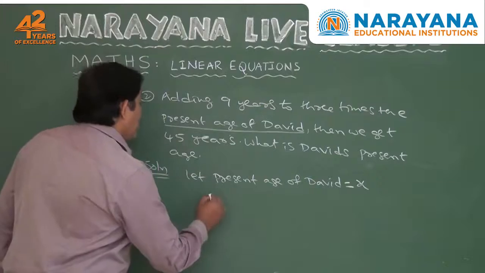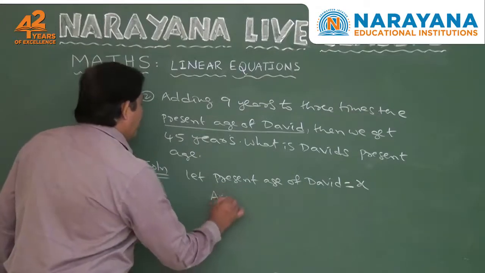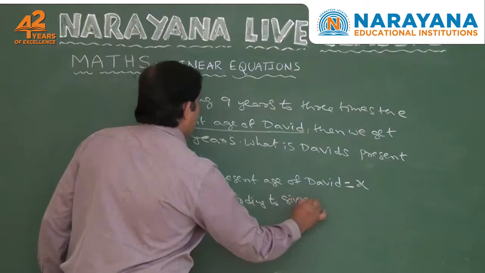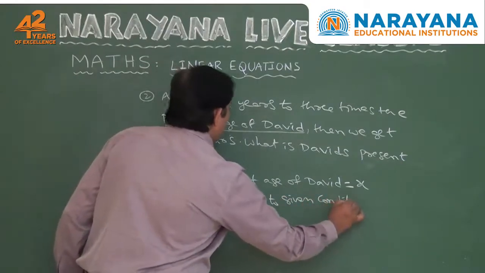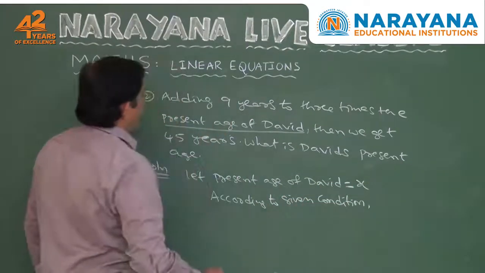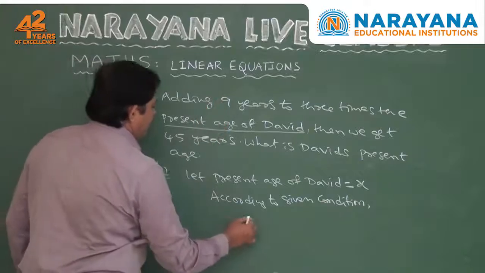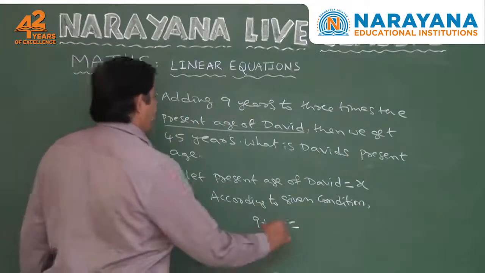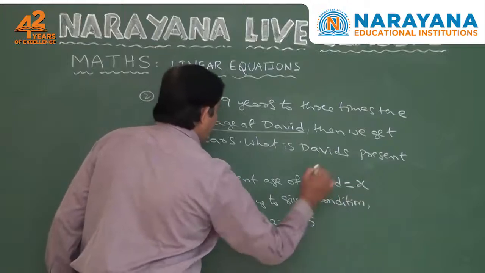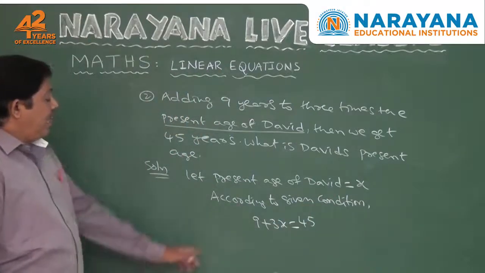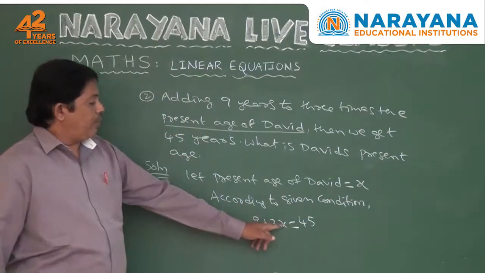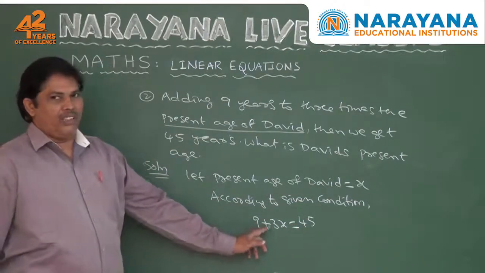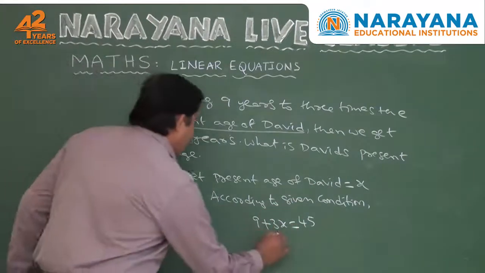According to the given condition, we got one equation, that is 9 plus 3x equal to 45.